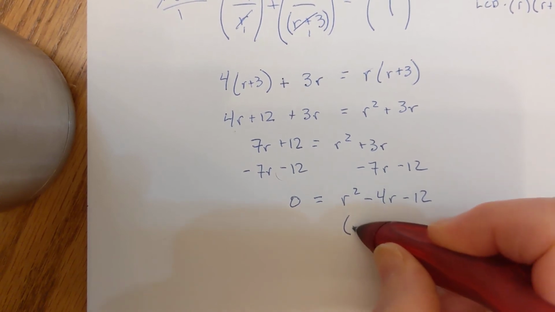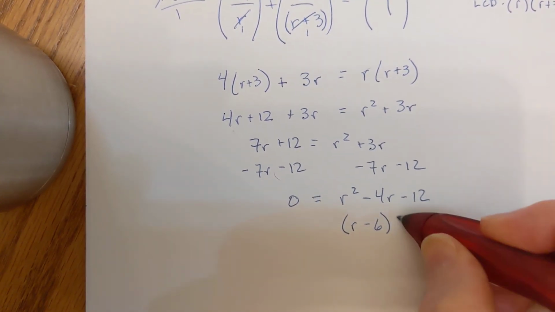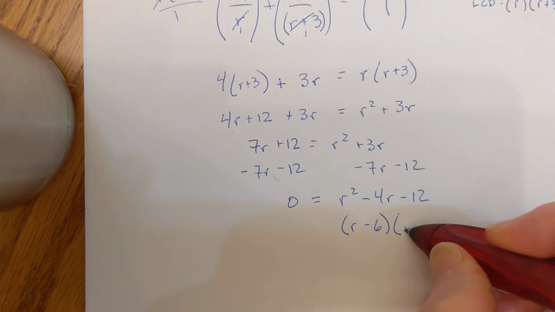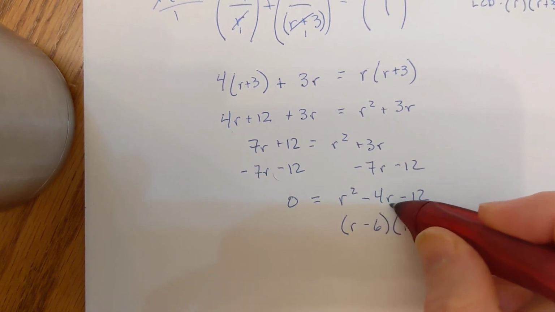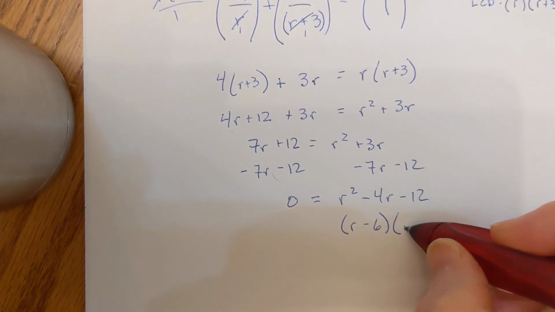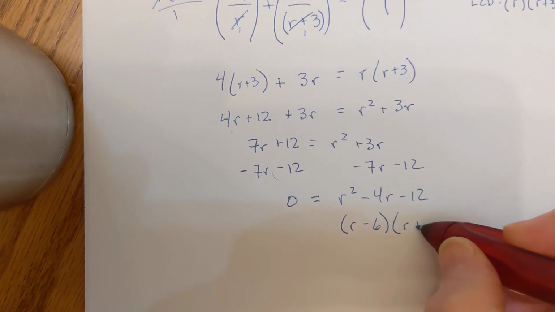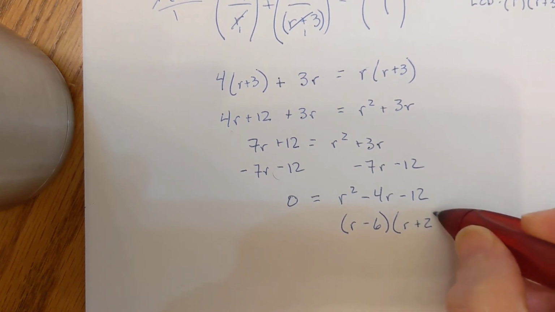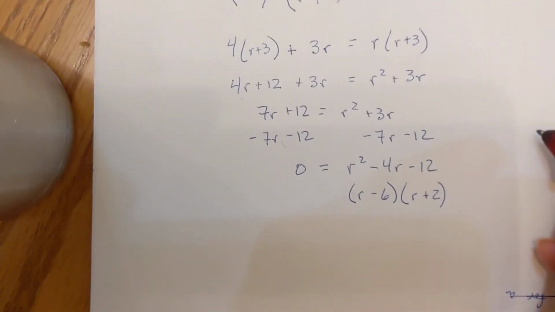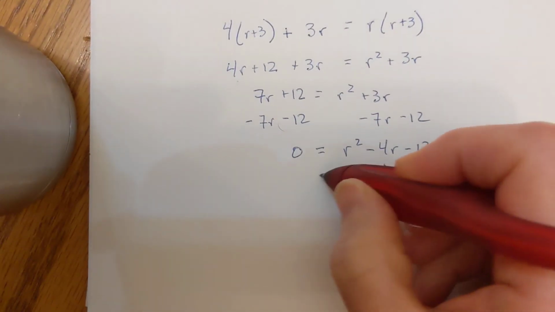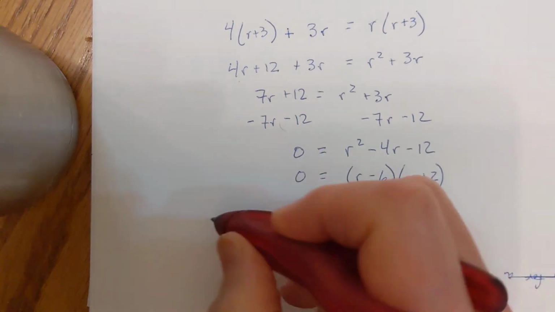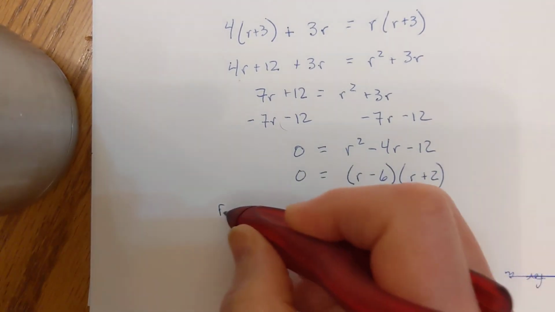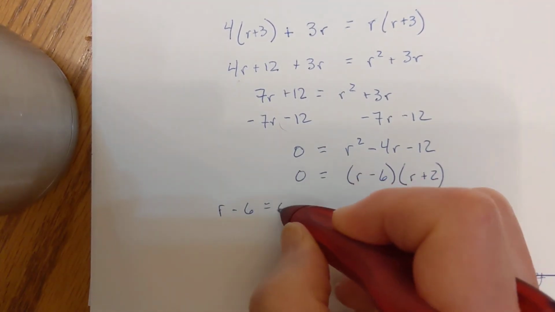This factors nicely. R minus 6, R plus 2, equals 0. So R minus 6 equals 0.